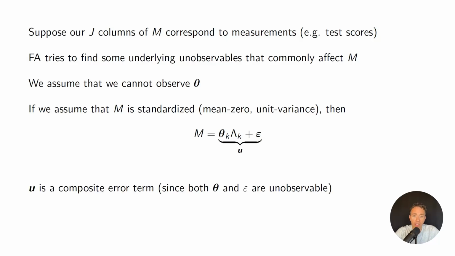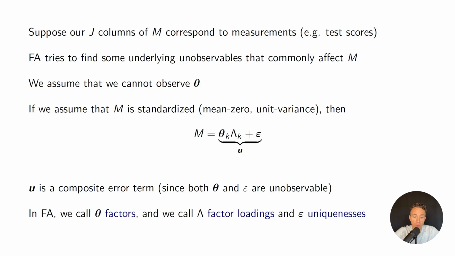Because we can neither observe theta nor epsilon, we have a composite error term, which you've seen in other settings of econometrics like panel data models or any other type of hierarchical model. In factor analysis, we're going to call the theta factors, we're going to call the lambda factor loadings, and the epsilon we will call uniquenesses.